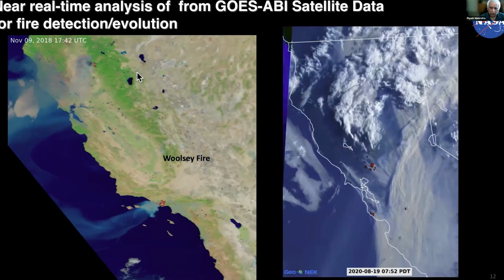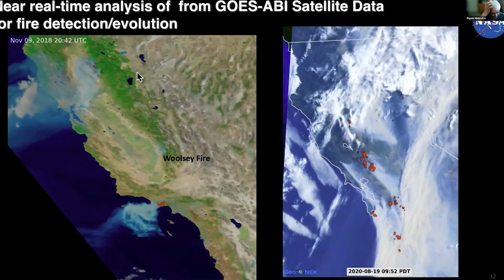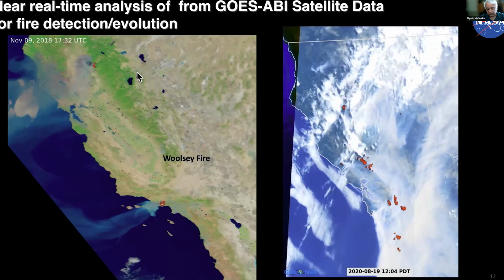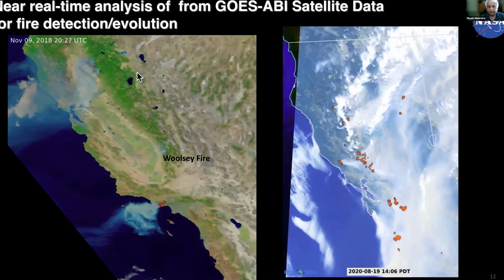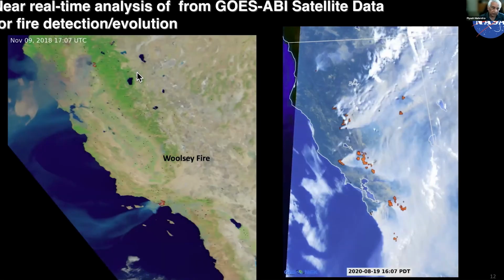What I'm showing here are a couple of projects that were done using data coming from these satellites, which we call GOES 16 and 17. They're two satellites that cover all of the United States, with a little bit of overlap between them, but this is focused only on California.